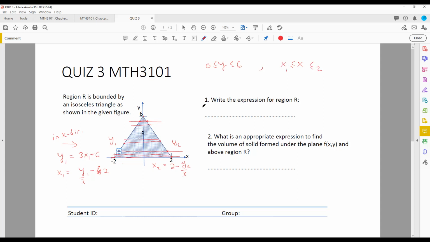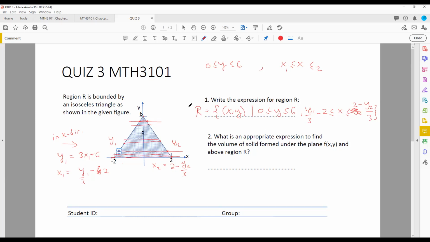So the proper expression for R is the set of points in xy such that y goes from 0 to 6 and x goes from y1 over 3 minus 2 to, sorry, 2 minus y2 over 3. So that's how you write your expression for R.